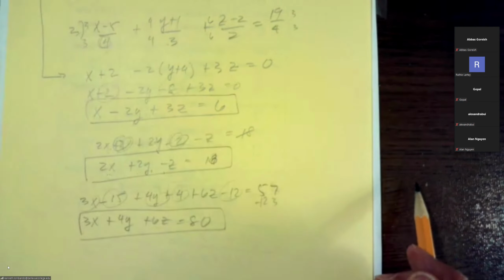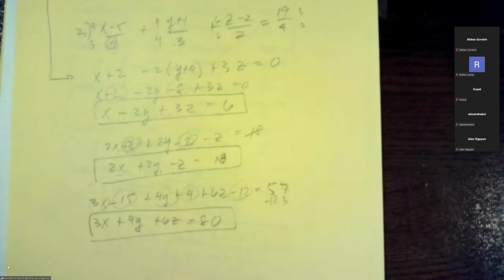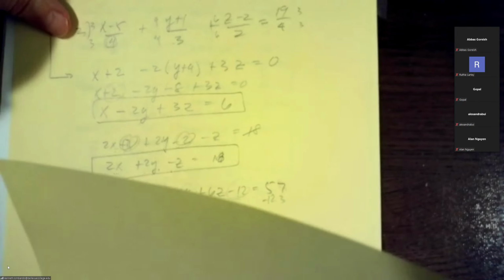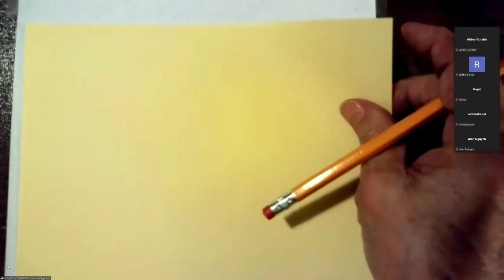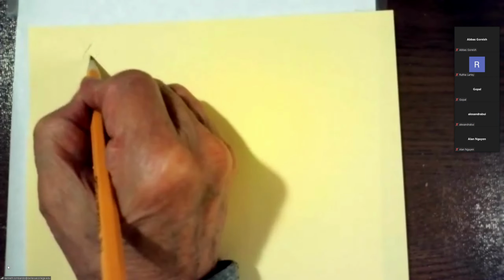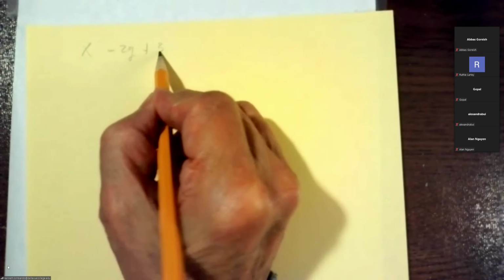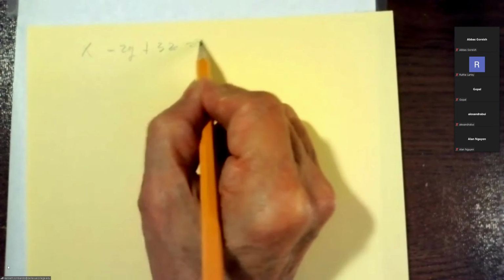Yes. Okay. So now we can use whatever method we want to solve these, can't we? We can graph it. We can do substitution. We can do elimination. We can do about anything we want. Anything you suggest. Let me rewrite them here. I'm going to say x minus 2y plus 3z is 6.